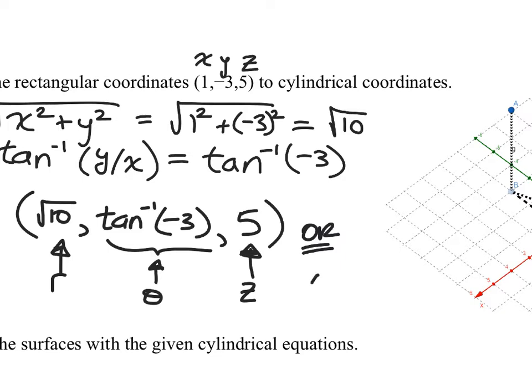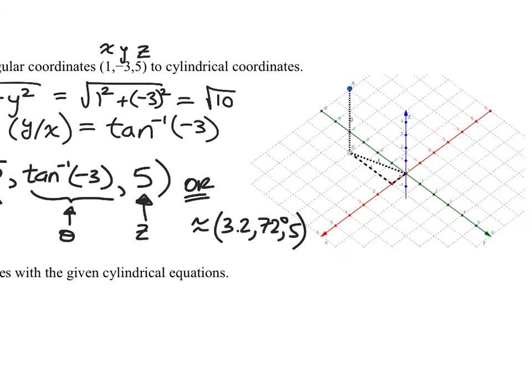So about 3.2, so I'll do approximately 3.2, 72 degrees, and 5. All right. Writing it in that form is beneficial if you need to graph it, right? Because visualizing something that's in inverse tangent form is even beyond my ability. All right, so being able to visualize it in degree form and estimate form for radian measures, that's a little bit easier.